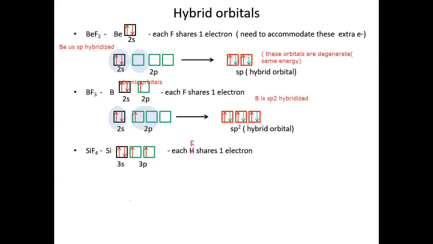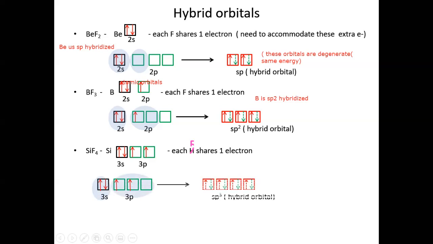So what do we do? That's right, we take one s and three p orbitals, and we get 4 sp3 hybridized orbitals. So now silicon can accommodate the extra 4 electrons being shared by the fluorine atoms. And so we say that silicon is sp3 hybridized.